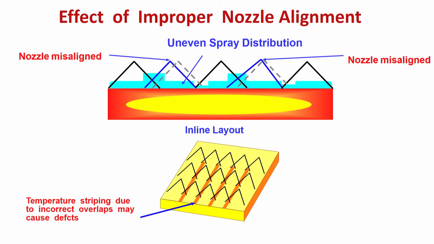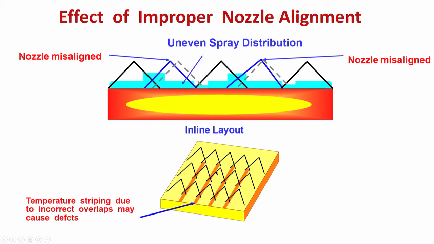So, what is the consequence? I have told you what the consequence is. Certain areas where there was less cooling have more temperature. So, there is temperature striping, that means somewhere you have high temperature.